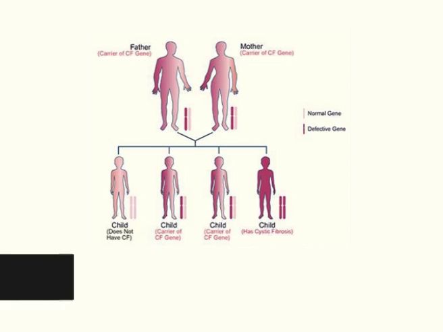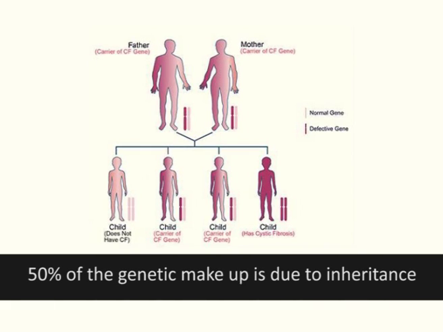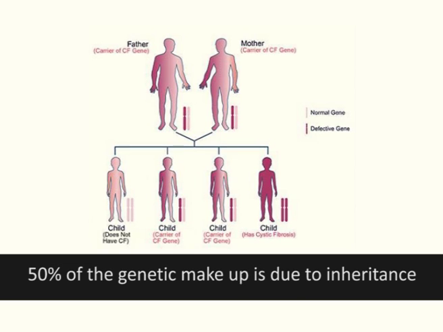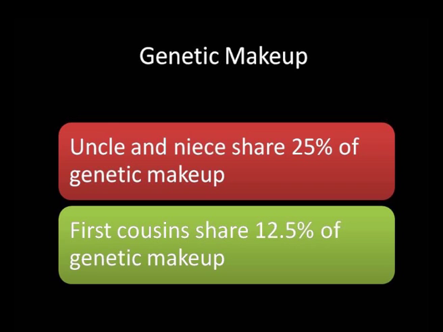Why do consanguineous marriages result in children with genetic diseases? Due to inheritance, parents and children and brothers and sisters commonly share 50% of their genetic makeup.